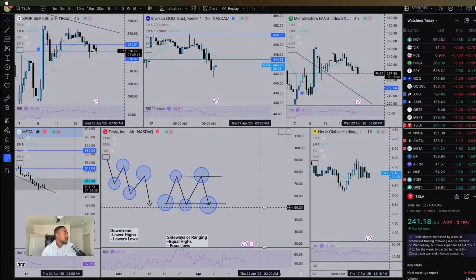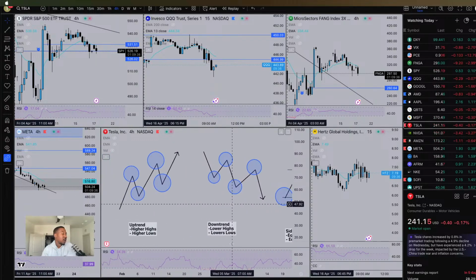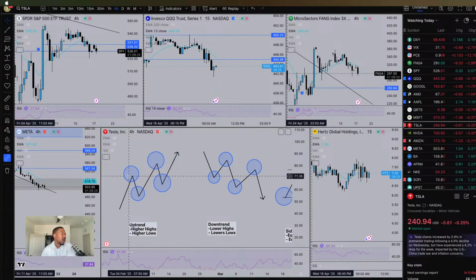Now, when it comes to trading, all trading is taking these and riding from one point to another. For instance, if you're here, you want to ride to the high. If you're here, you want to ride to the pullback. Typically, when you're in an uptrend, you're looking to trade more calls.